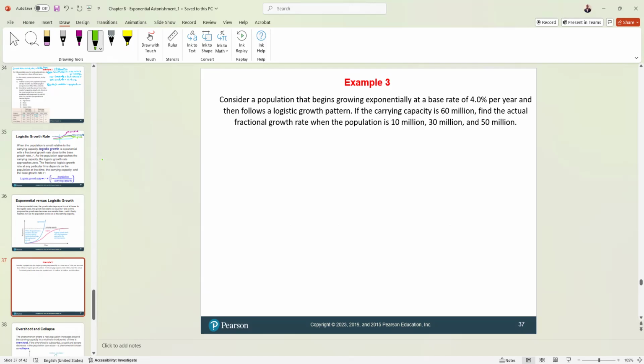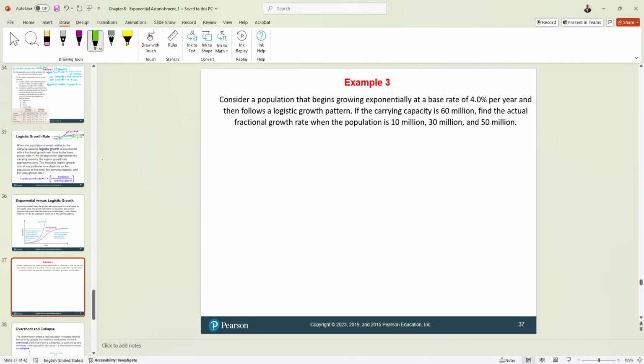If the carrying capacity is 60 million, find the actual fractional growth rate when the population is 10 million, 30 million, and 50 million. So they ask us to do it for 10 million first, then we do it for 30 million, and we're going to continue and so on.